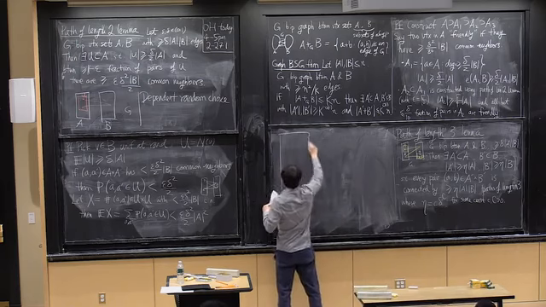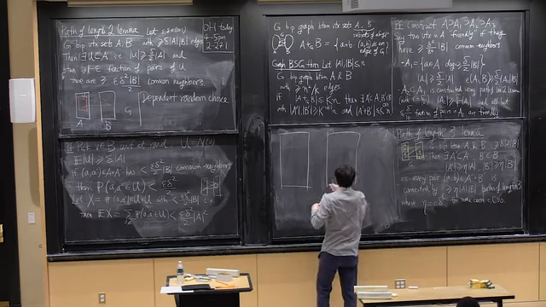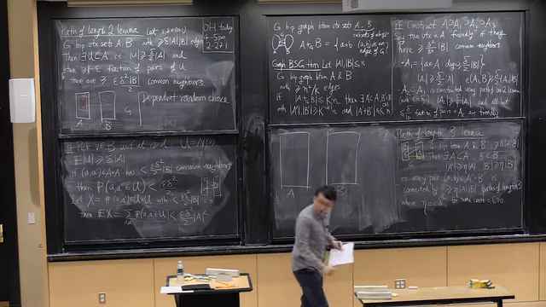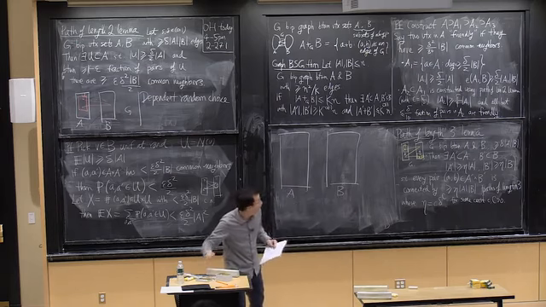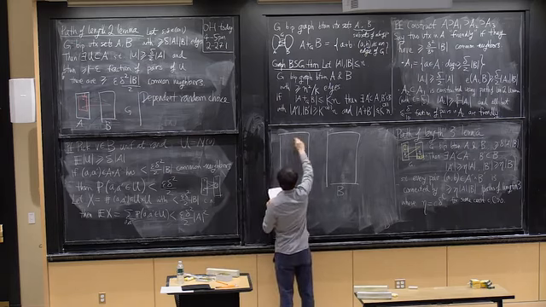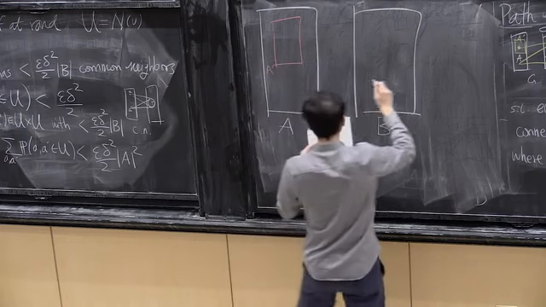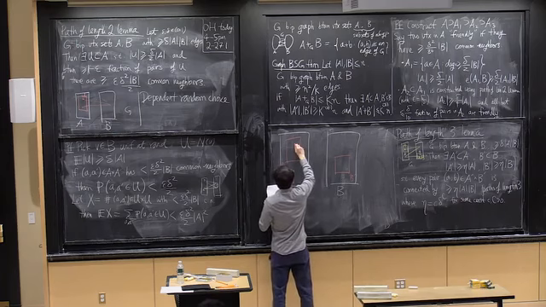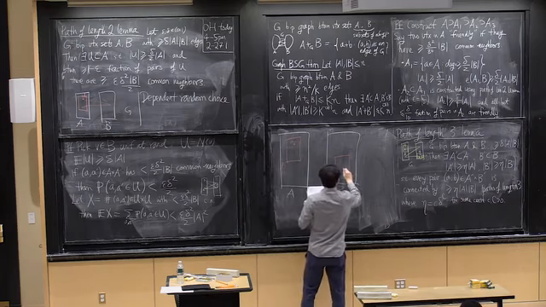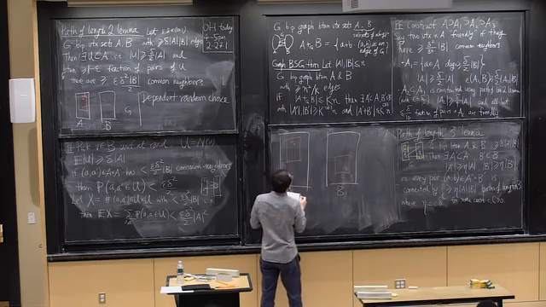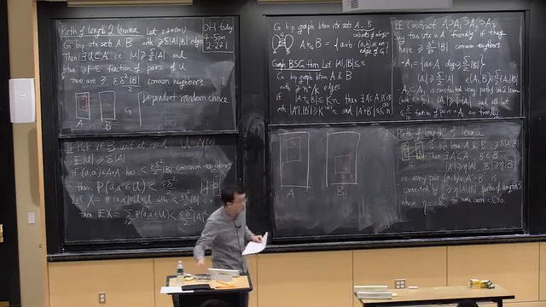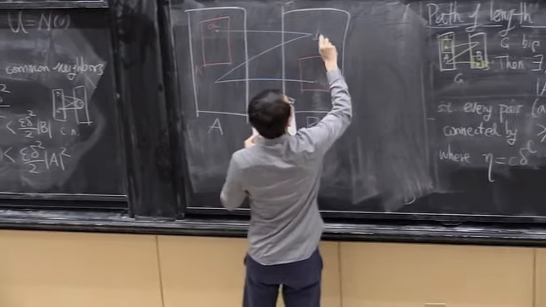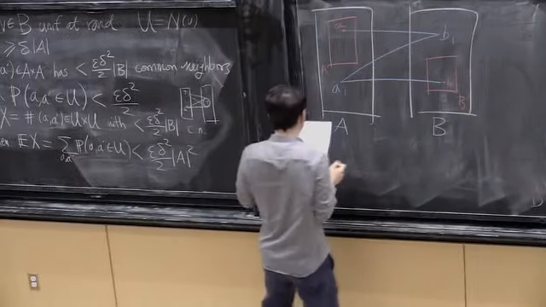So we have A and B, and so inside A and B we have these fairly large A prime and B prime, such that for every little a and little b, there are many paths like that going to B1 and A1.